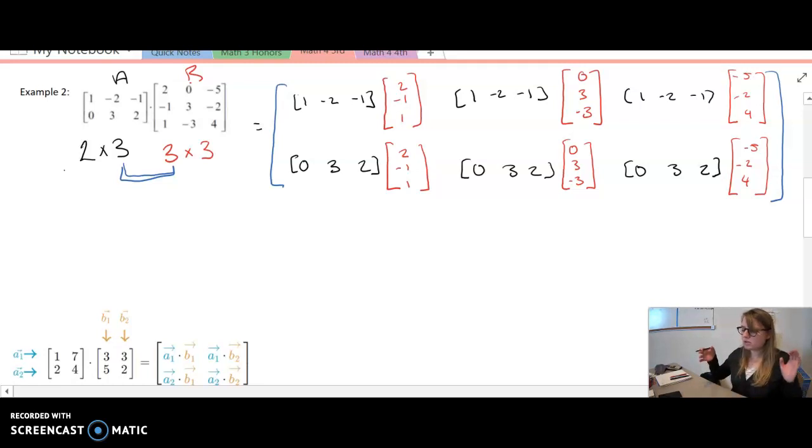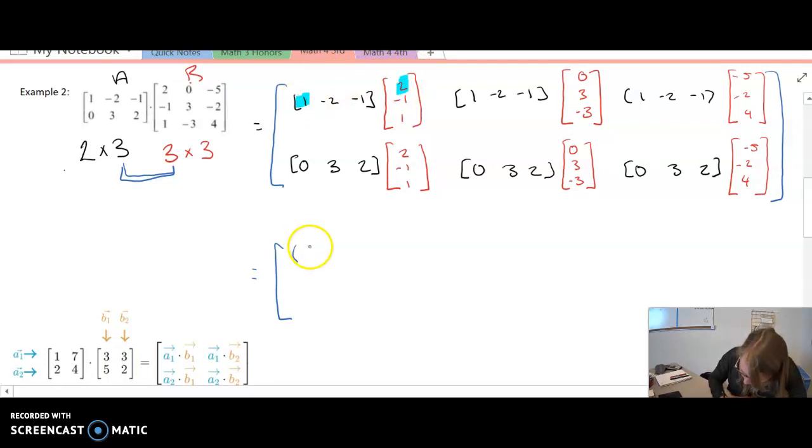So now we can do this. It's a lot easier to do a bunch of 3 by 1s or 1 by 3s, multiplying them just like that first example. And we should get a 2 by 3 matrix. Just like before, we're going to have our 1 times 2.